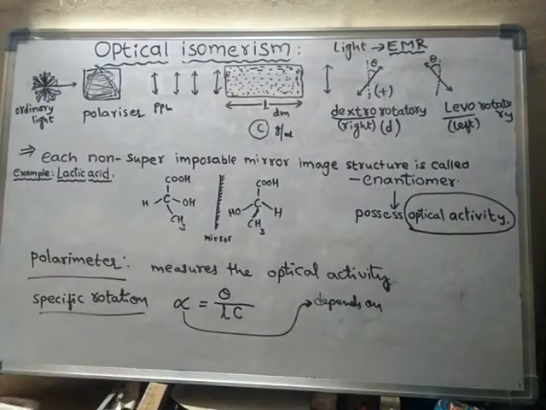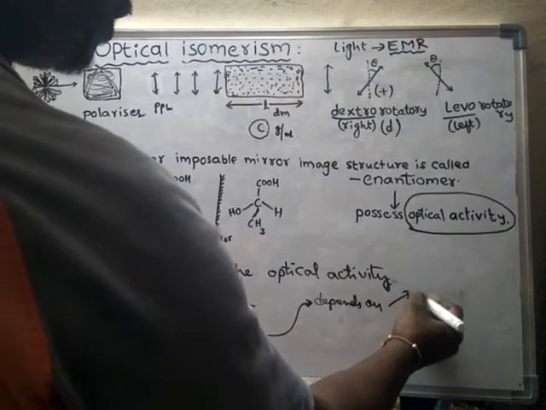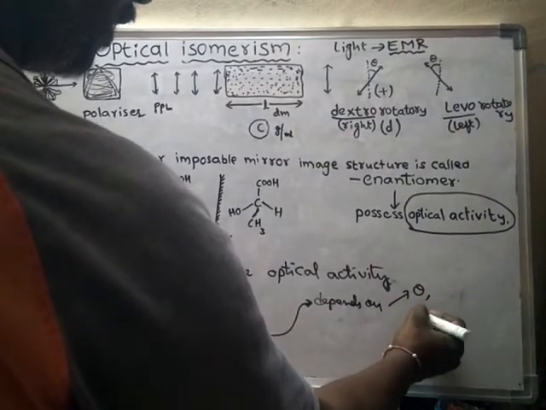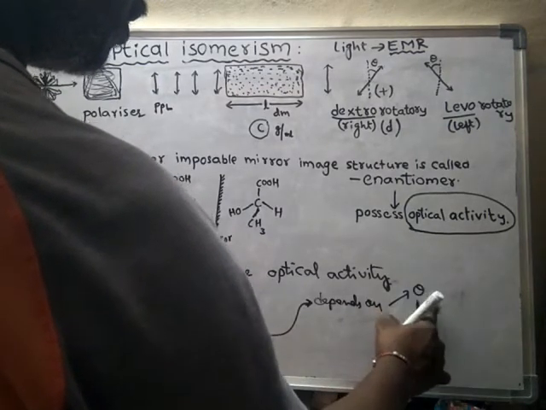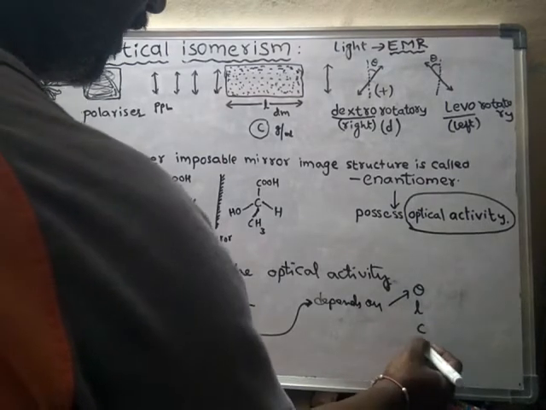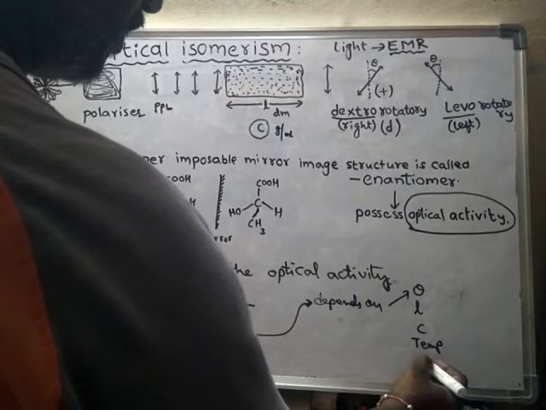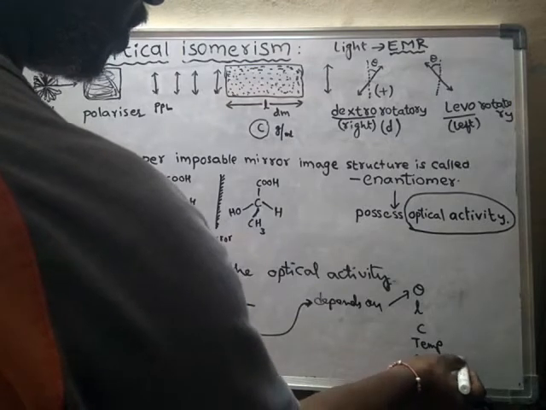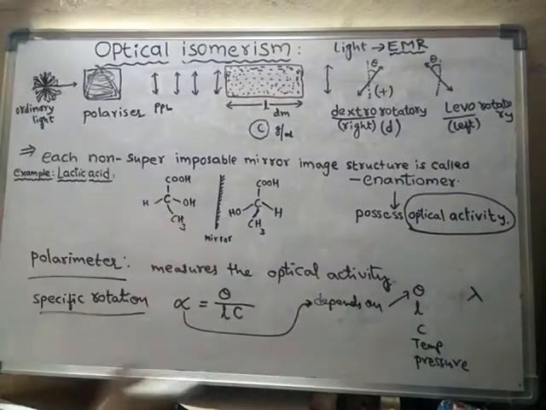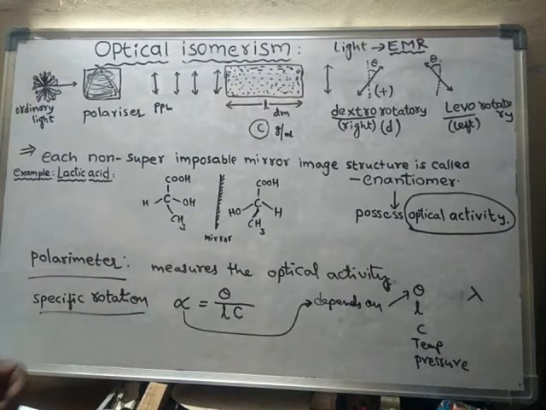It depends upon theta, that means the observed rotation, the length of the tube, the concentration of the solution, the temperature, the pressure, and also the wavelength of the light used. The light which we have used may be of different wavelengths, so depending upon the wavelength of the light used, the specific rotation will vary.